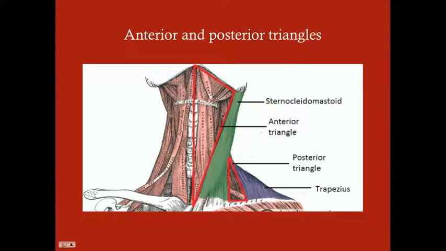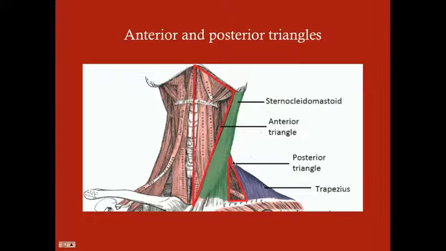So the anterior or more medial part of the sternocleidomastoid runs right here. This is going to form part of your anterior triangle. And then also in your anterior triangle is the angle of the mandible right here, and then the midline. So if you get your midline, angle of the mandible, anterior part of your sternocleidomastoid, this forms your anterior triangle.